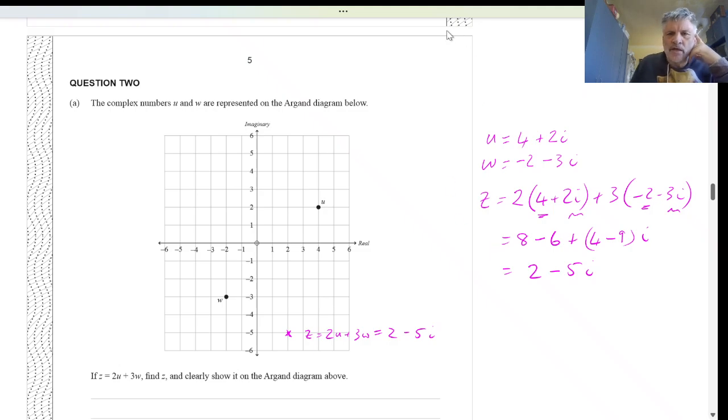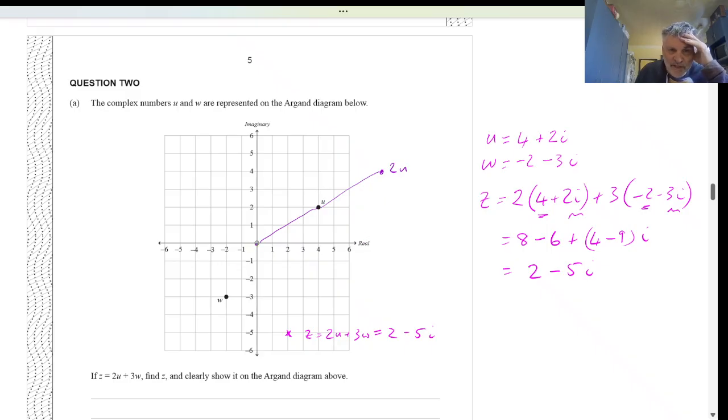I think they could have been kinder to us in the question. Kinder, not in terms of the algebra that we need to do, but in terms of the diagram, because you could do this addition visually. So if this is U, then we could go out here to find 2U, but we're outside the graph.